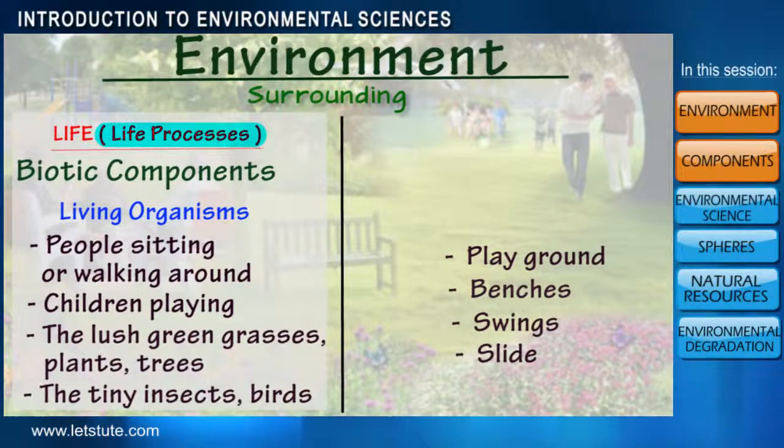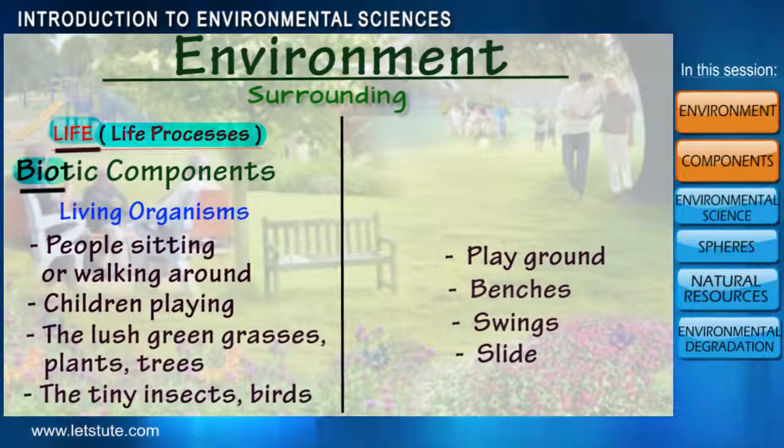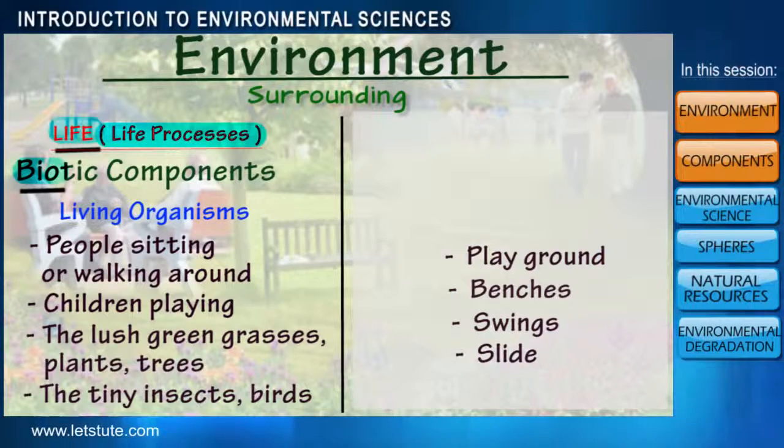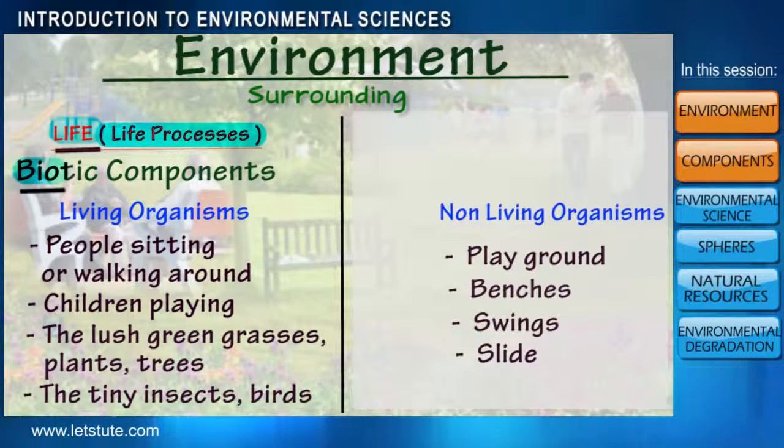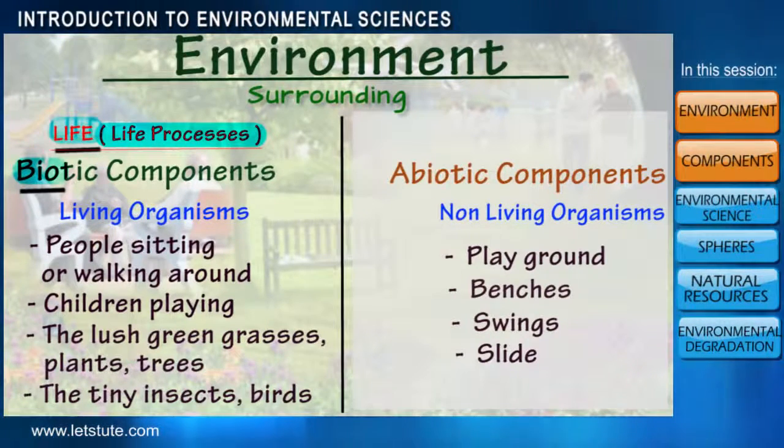Biotic because the word bios means life. And the things which we listed to our right do not have life in them. So we call them non-living or the abiotic components. Abiotic because it has no life.